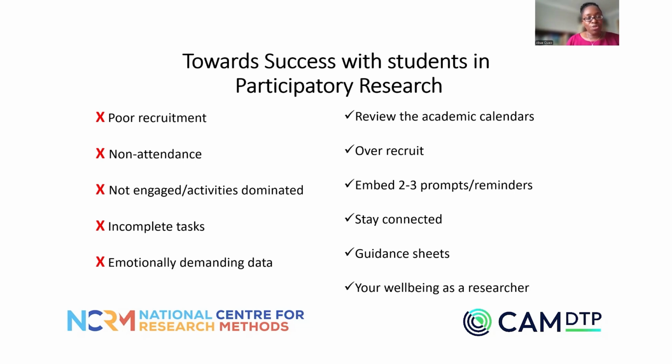In addressing poor recruitment, carefully review the academic calendars within the different institutions you will be working. And when I say that, what I mean is that we have various intakes. So we have the September intake. So September students all the way that go through till June, July.